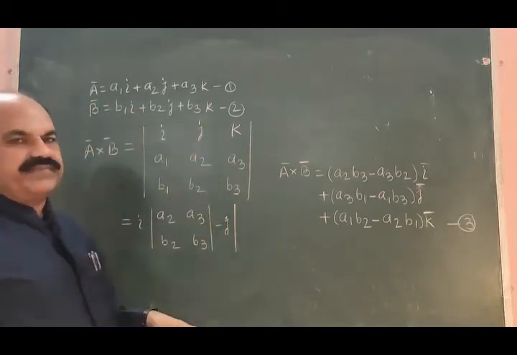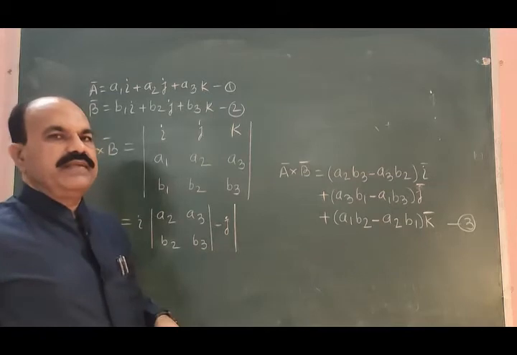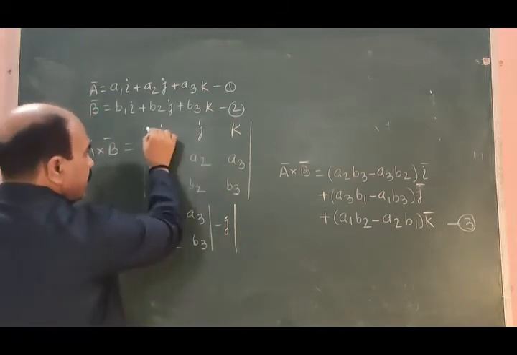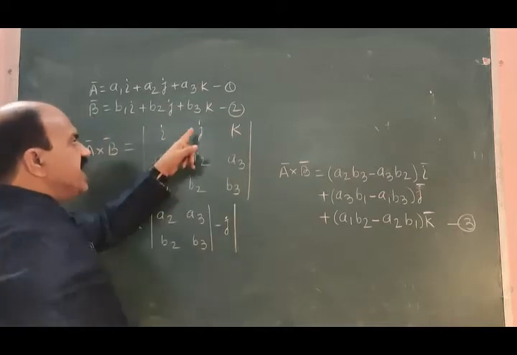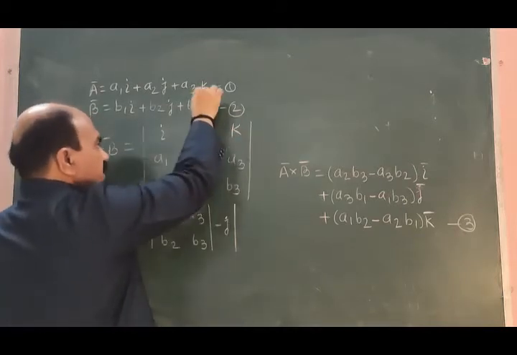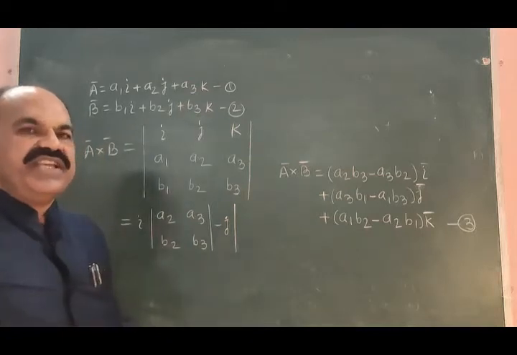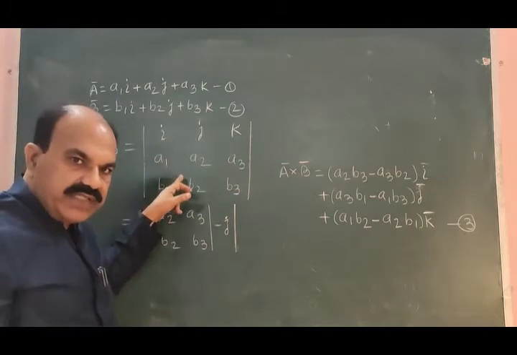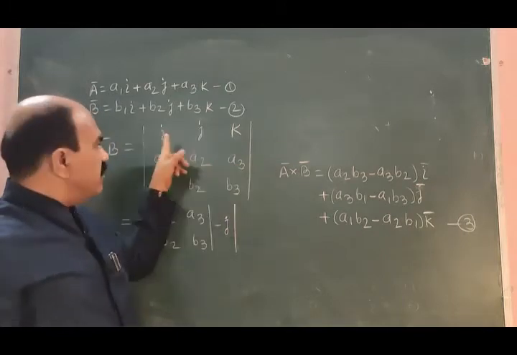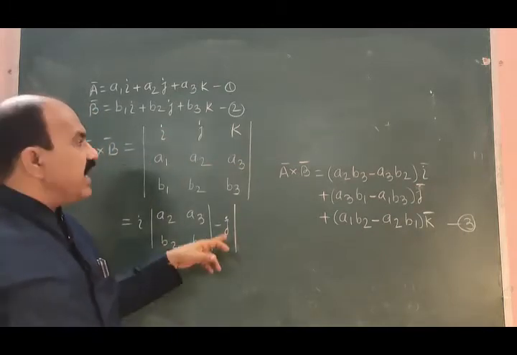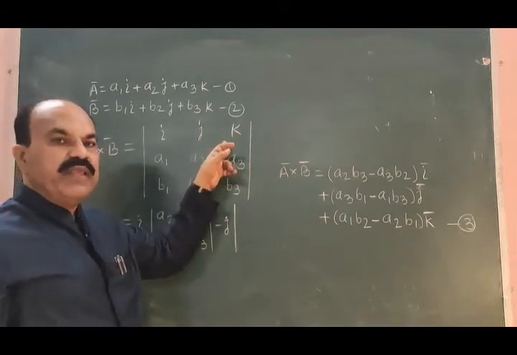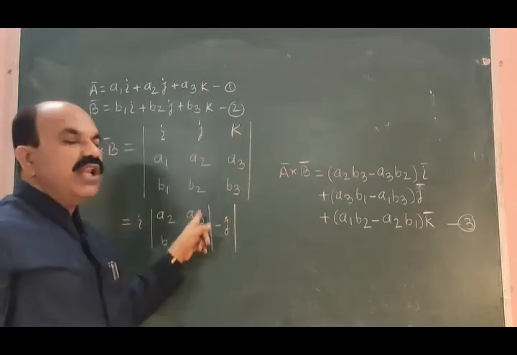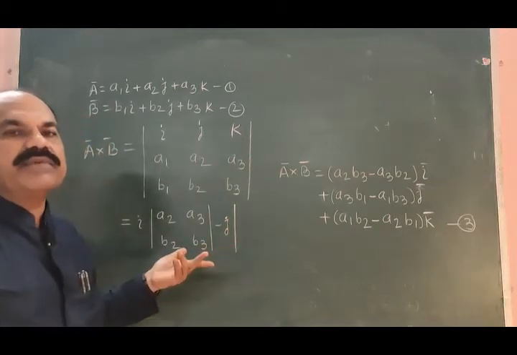Minus J. Minus sign is taken here. Minus J. The row containing J is skipped. The column containing J is also skipped. Here we have skipped the column and the row containing I. Similarly, when we consider J, we have to skip the row containing J, the column containing J. And what is left?